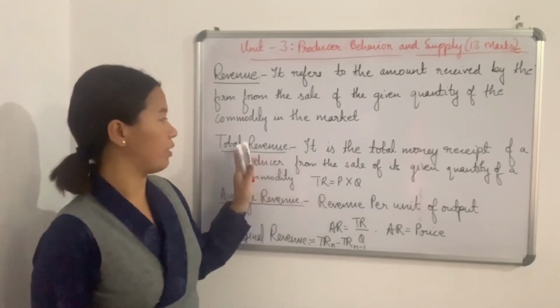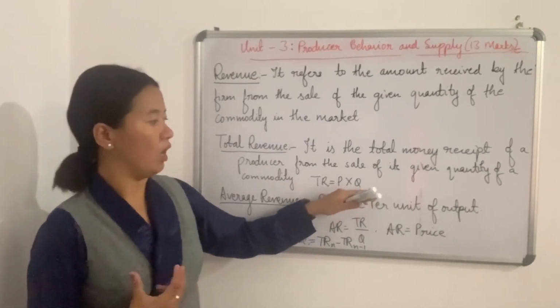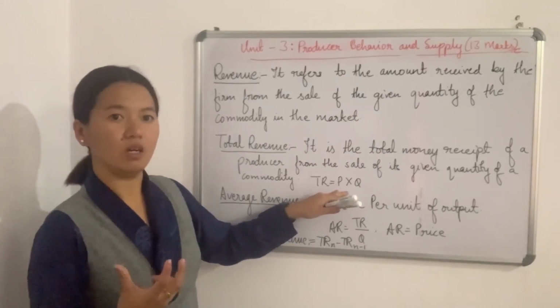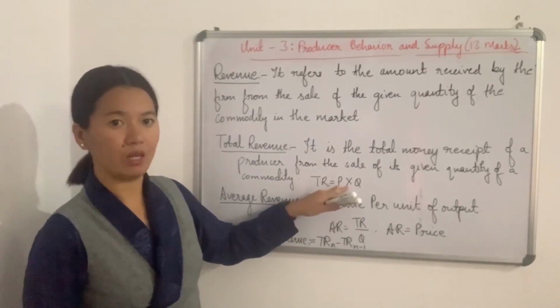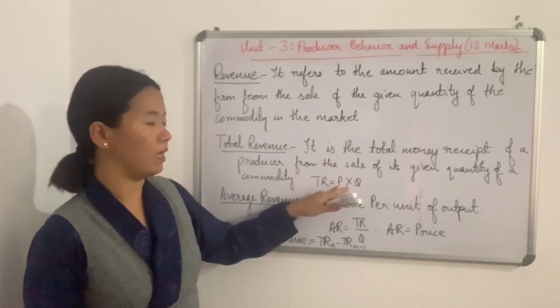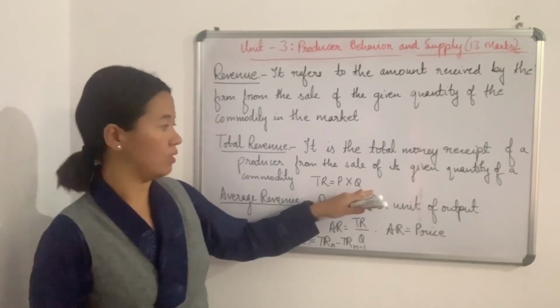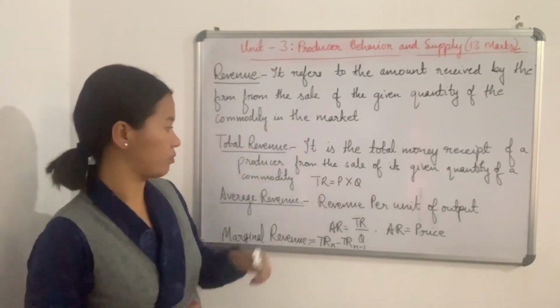So the formula for finding total revenue is price into quantity. That is how much quantity the producer is selling and what the cost of each commodity is, that is the price of the commodity. So when we multiply price into the quantity the producer sells, we get total revenue.